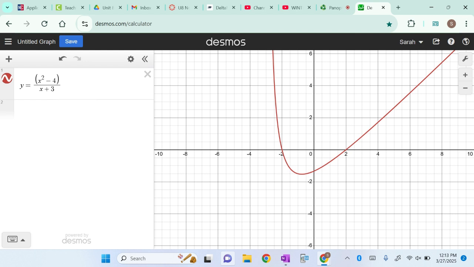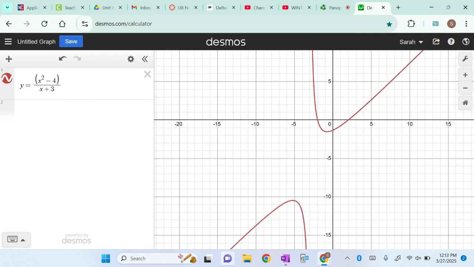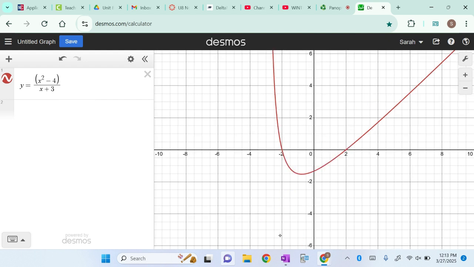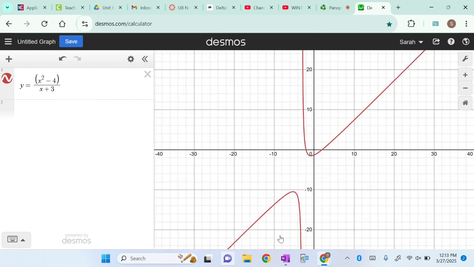All right. So, what do you think my lowest y value is? Oh, actually, you might have to zoom out a bit to see the full graph.